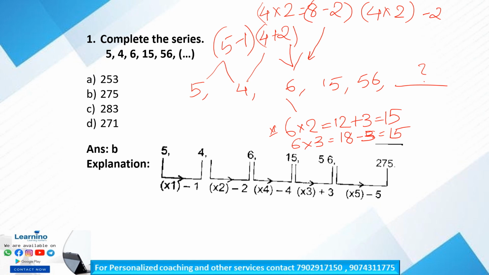So let us check out the common sequence that is followed. Clear? So here 5 minus 1 can be written as 5 into 1 minus 1, that is equal to 4. Like that, 4 into 2 minus 2 is equal to 6.